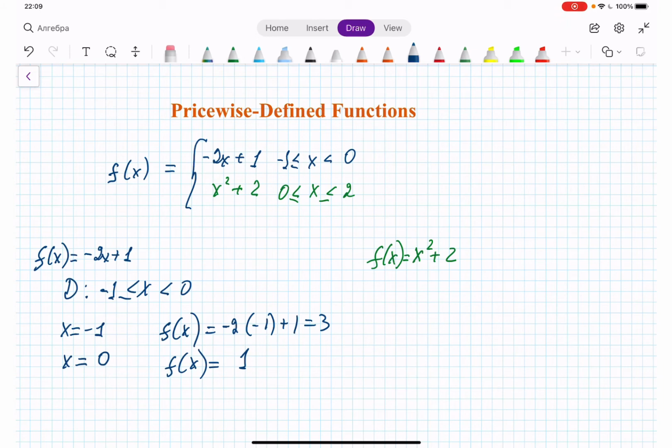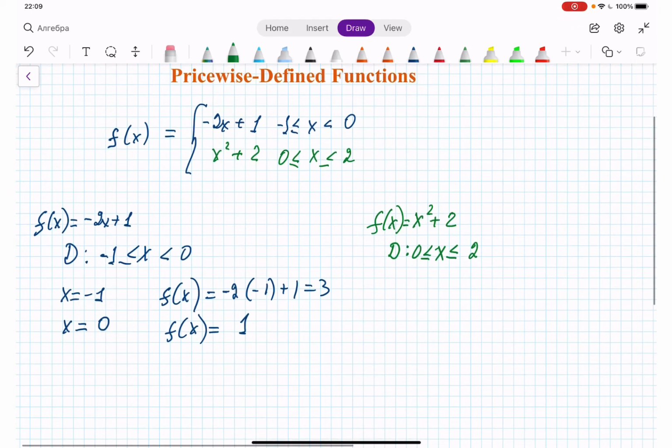Okay, much better. So for x squared plus 2, the domain is x greater than or equal to 0, less than or equal to 2. That's our domain in this case.